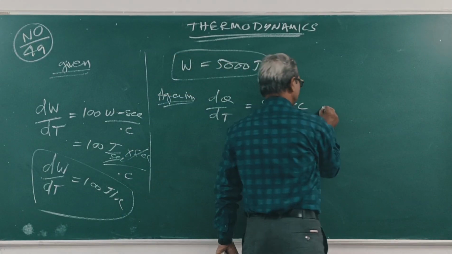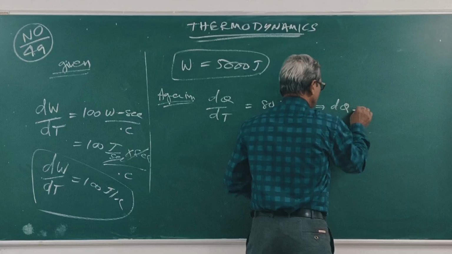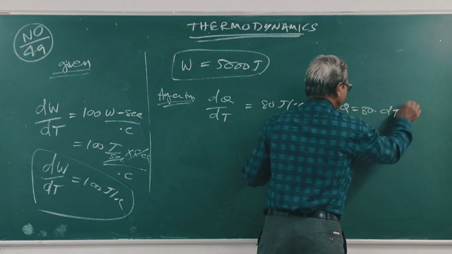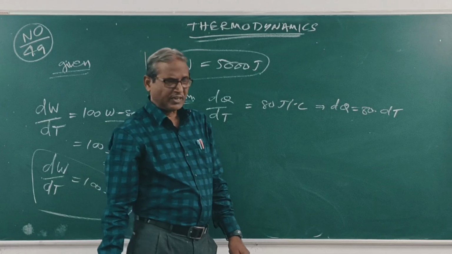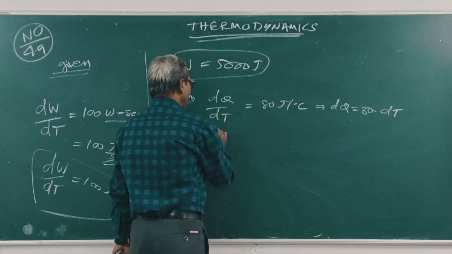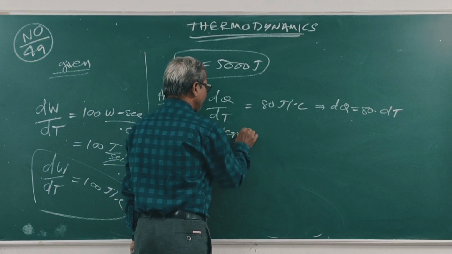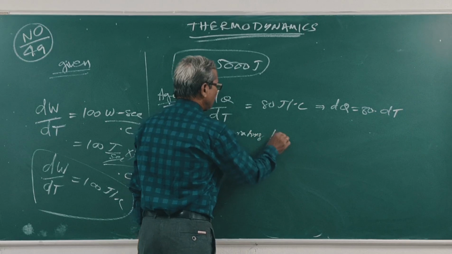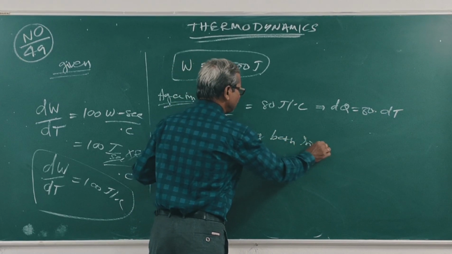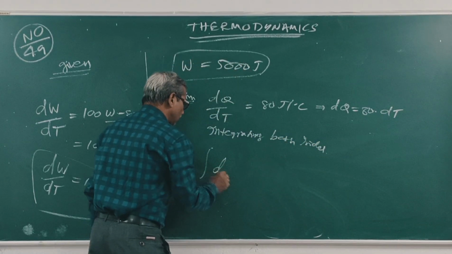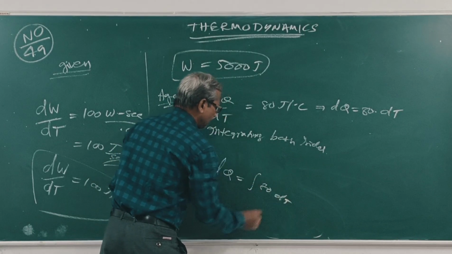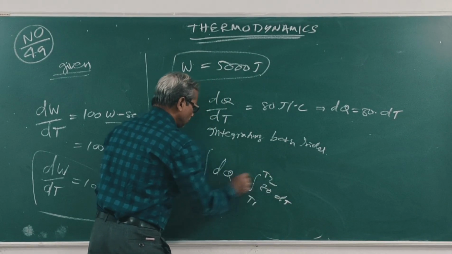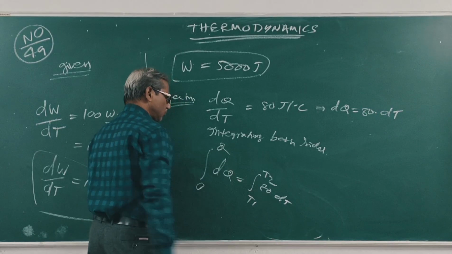The same way, dQ is equal to 80 dT. Right? Integrating both sides, integration of dQ is equal to integration of 80 dT, limit T1 to T2, and limit 0 to Q.